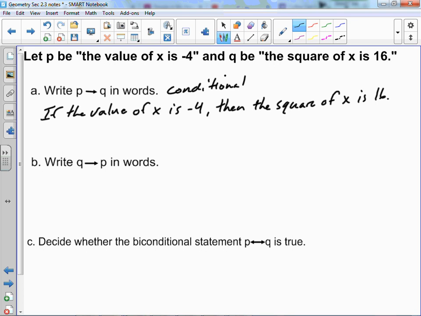So then next up from there, write if Q, then P. Q implies P, which is the converse, and Q comes first.